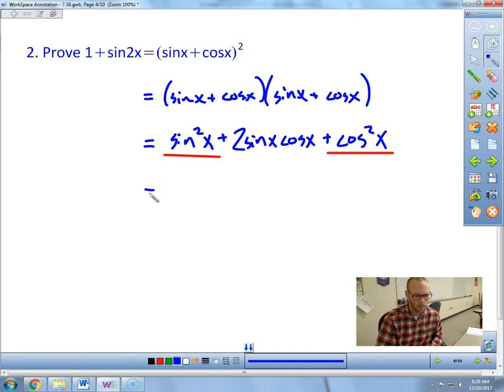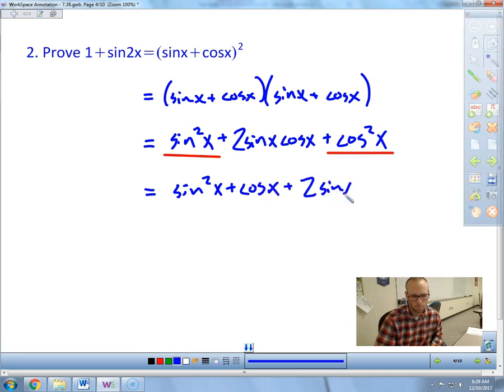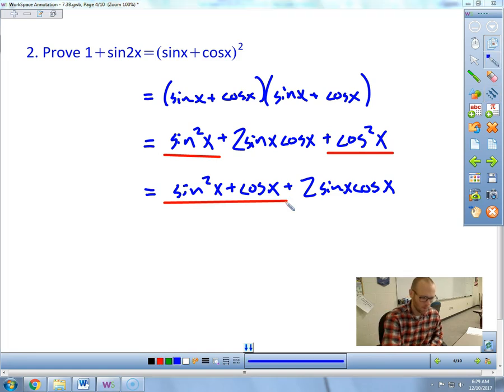If it's helpful for you to see this, I'm going to write this in a different order, changing the order of my sum. Oh, I lost a squared. There it is. There we go. I have the sine squared of x plus the cosine squared of x.